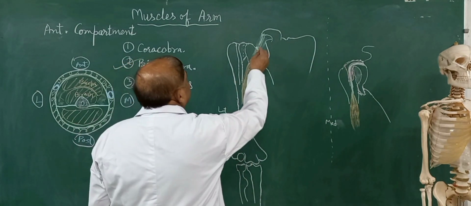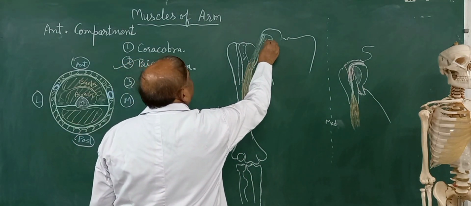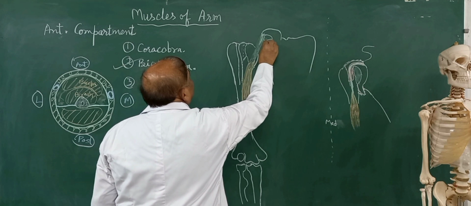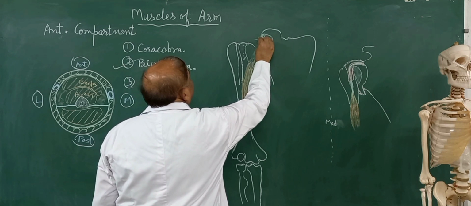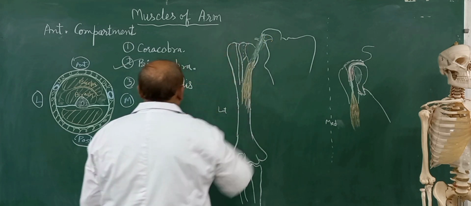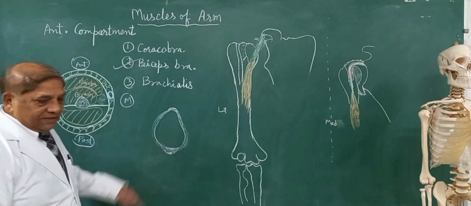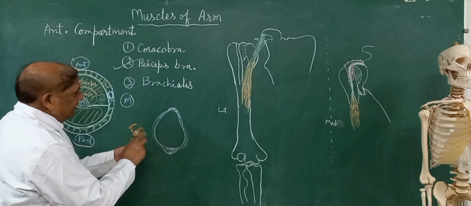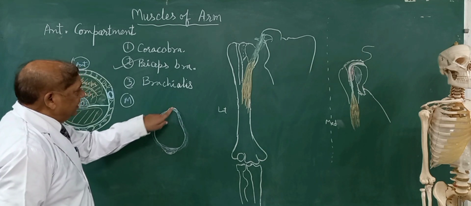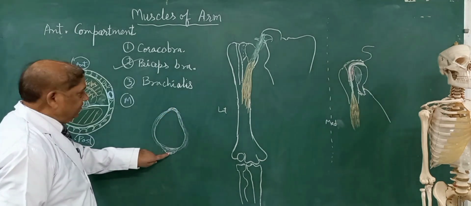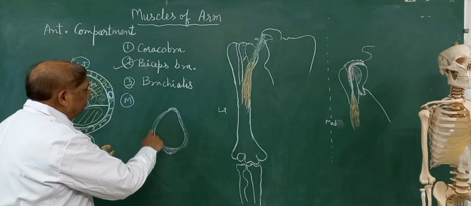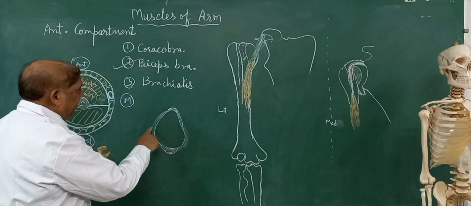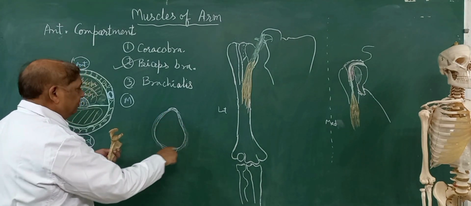Now the origin is from the supraglenoid tubercle, but those students who want to know it in more detail should know that this is the diagram of the glenoid cavity, the shallow glenoid. This is the supraglenoid tubercle, and this is the infraglenoid tubercle in blue color, which may not be seen properly.